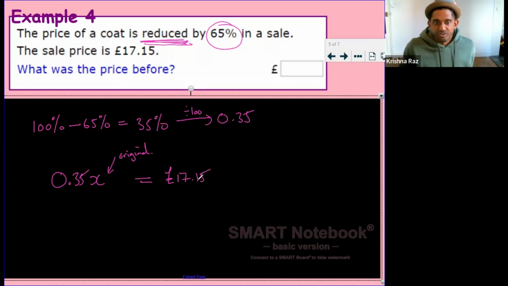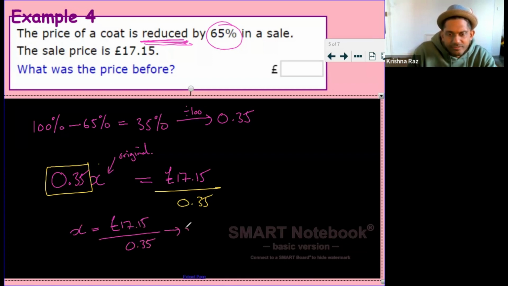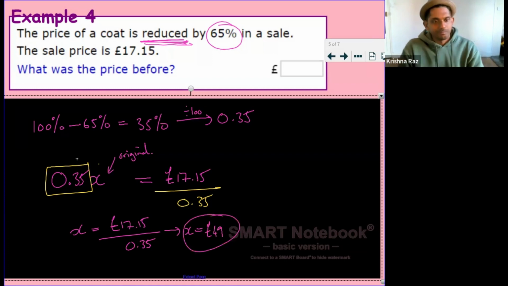What is the normal price? So now we've got to divide by 0.35. So X must be £17.15 divided by 0.35. So the coat cost 49 quid. What a bargain.